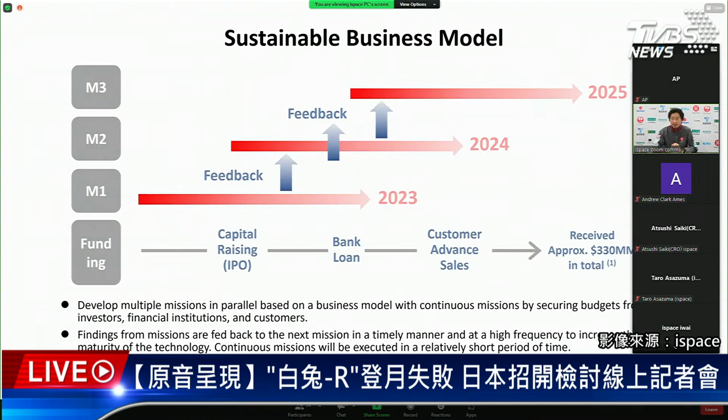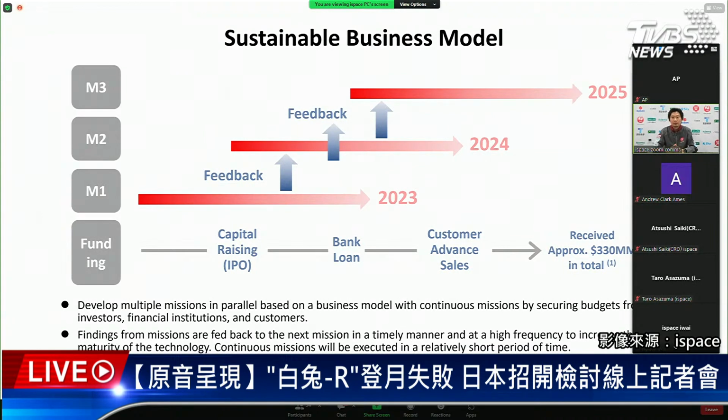Let me again emphasize our sustainable business model. In this space business, it's important to keep the sustainability of the business. In order to achieve that, we've already started development of 3 missions simultaneously. Now we have almost finished Mission 1, with the final analysis of the result, and we are going to feed the lessons learned back to Mission 2 and Mission 3 immediately.